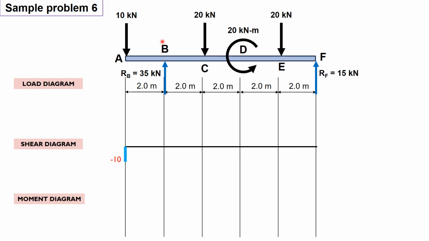So, if that is the case, your shear diagram here will be horizontal. So, ang ibig sabihin niyan, ang shear values mo at all points here sa segment AB ay pare-parehas na negative 10 kilonewtons.